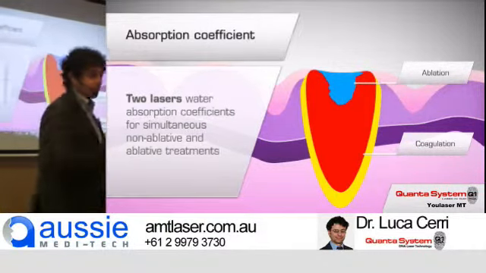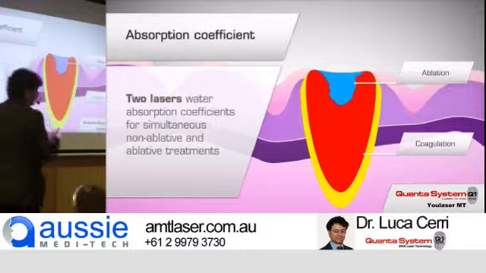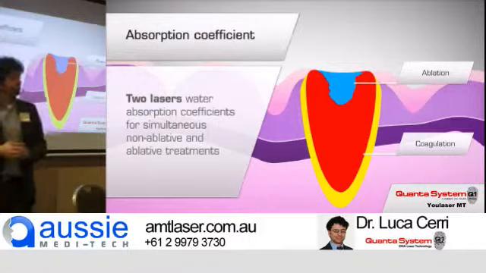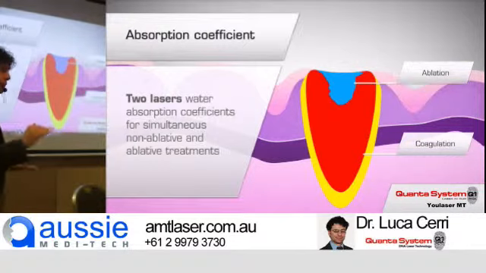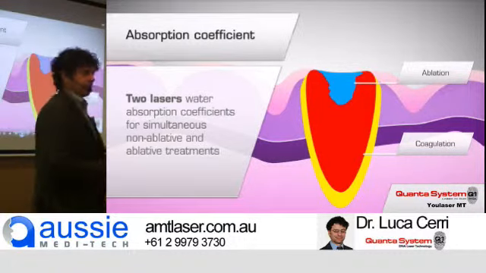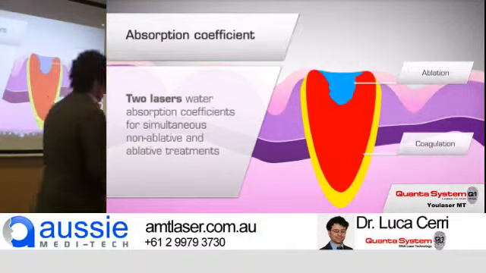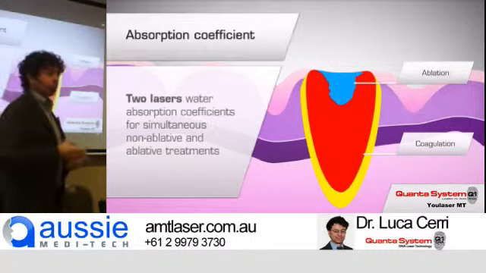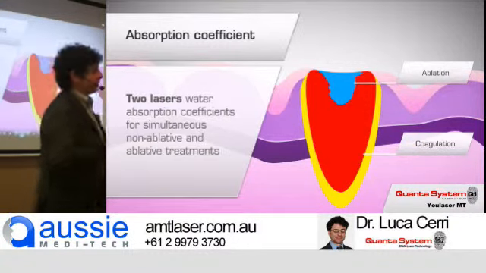But if we use the 1540 to create the tightening effect, going deep into the dermis, and then we add the CO2, keeping it much more superficial, we are acting, where the 1540 is not, in the epidermis and in the papillary dermis to improve the texture, to remove the pigmentations, and to smooth the edges of acne scarring or of deep wrinkles, for example. So in the same moment, we are working in two different layers, in completely different ways.